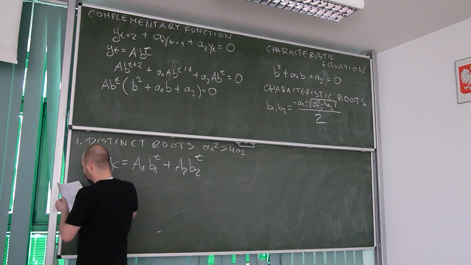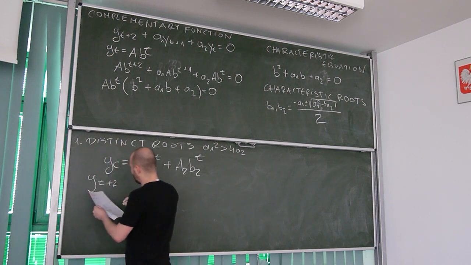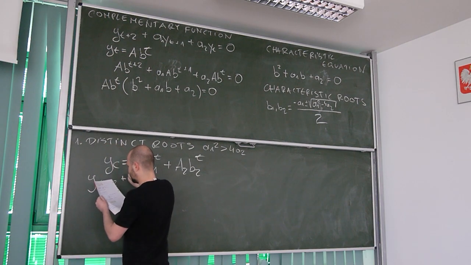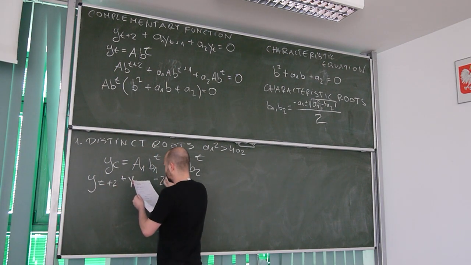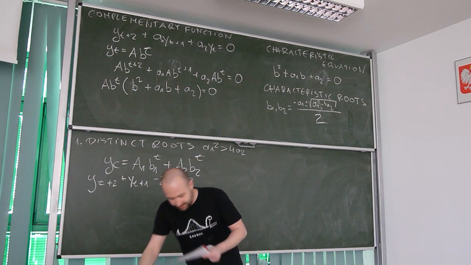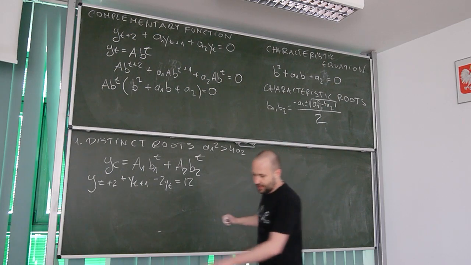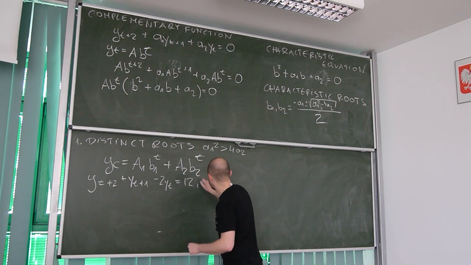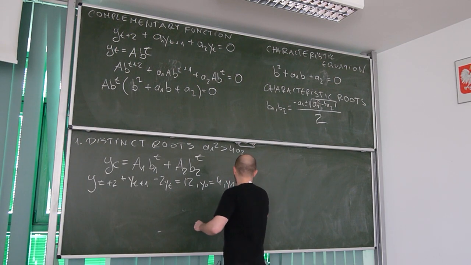Okay, let's do the equation we already did before. So y(t+2) plus y(t+1) minus 2y(t) equals to 12. Look, in this case, we have two initial conditions, y0 equals 4 and y1 equals 5.